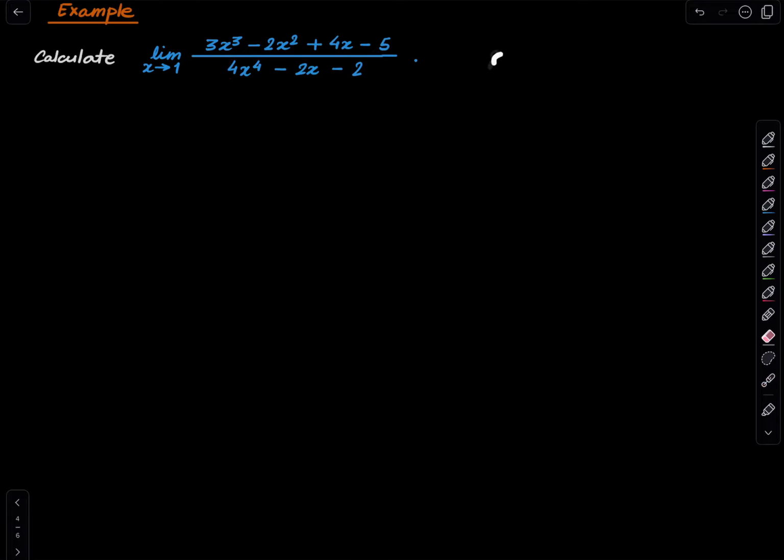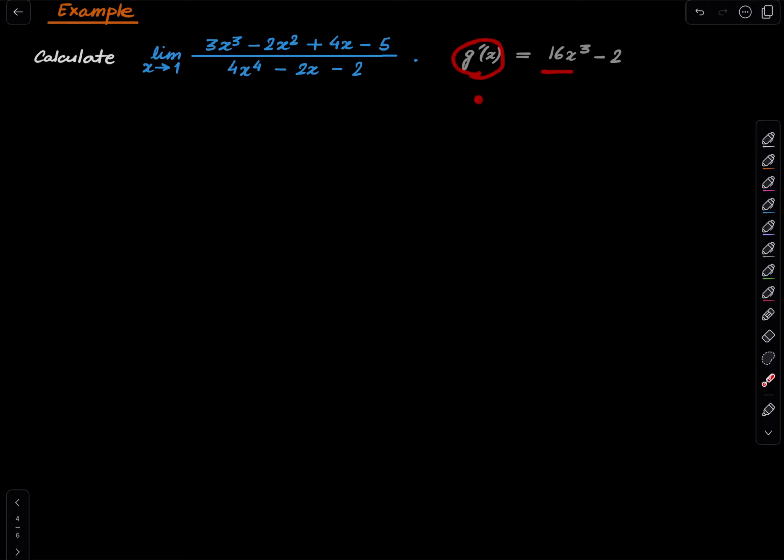Fx is the numerator and gx is the denominator. So what is G prime x? G prime x is 16x cube minus 2. And G prime x doesn't vanish at 1.